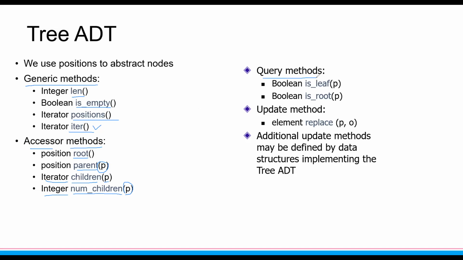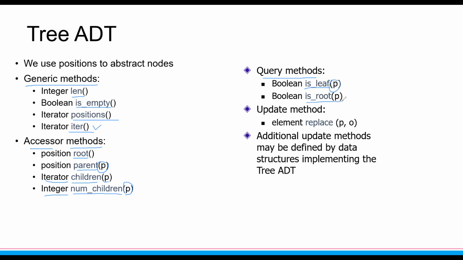And we can use the query methods. For example, I want to know whether it is a leaf or not. Is P a leaf or not, the position P. If it is a leaf, it means we cannot find any children. Yeah, a leaf is a node without children. And we want to know if it is root or not.